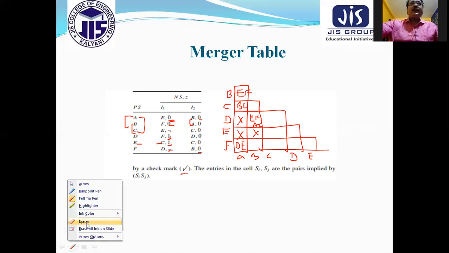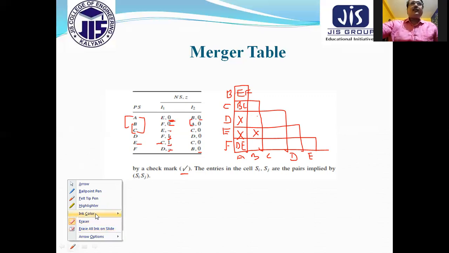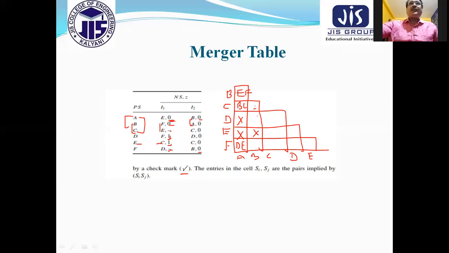Because here we have to write the, if you remember, we are going for the checking of B and D there. B and C, B and C we are getting E, F and AC. So we have to write here. Okay. E, F we have to write here, and also the AC here. Both the values we have to write.